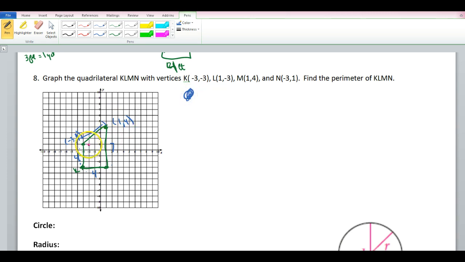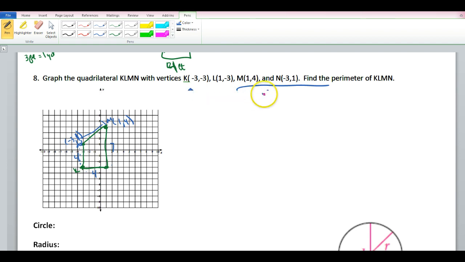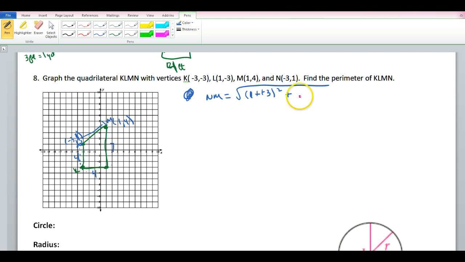So that would be point M, and this is N, and this is M. So segment NM would be equal to the square root of, we would do 1 minus -3, don't forget to bling bling it, plus, since we started with this 1, then we have to start with this 4. So we do 4 minus 1 all squared.